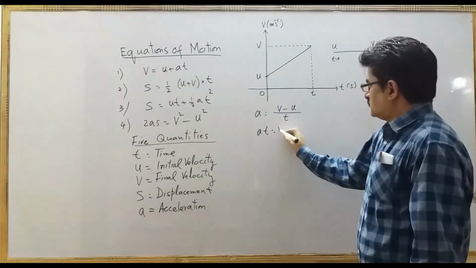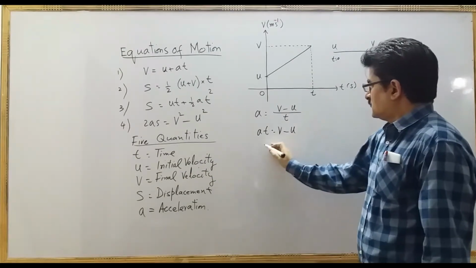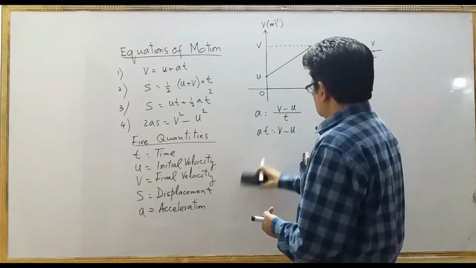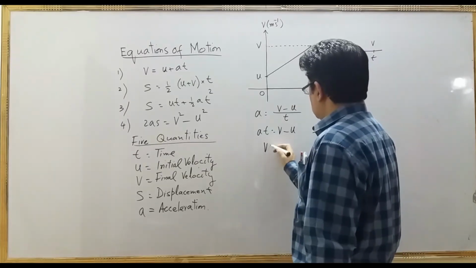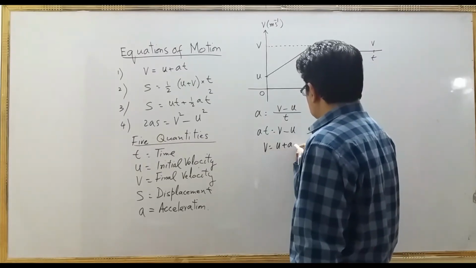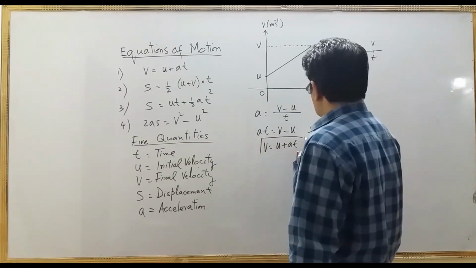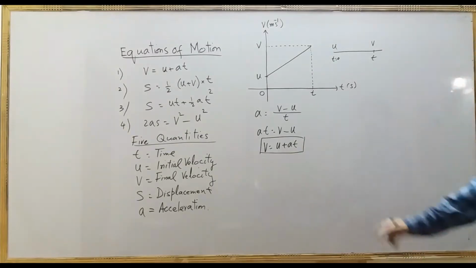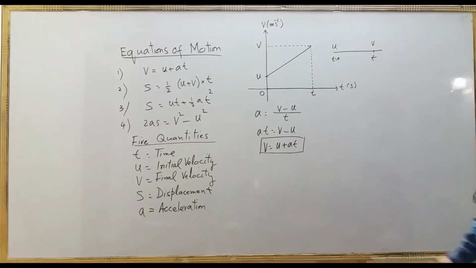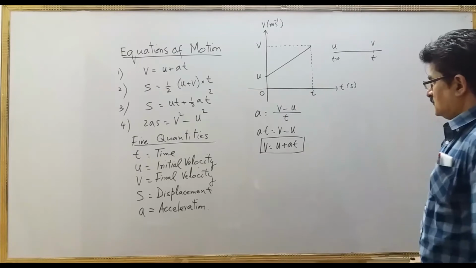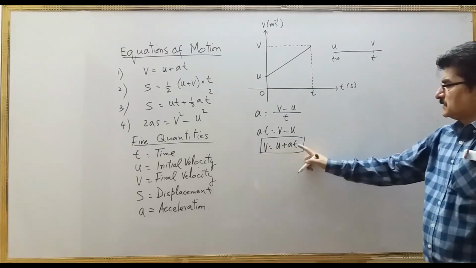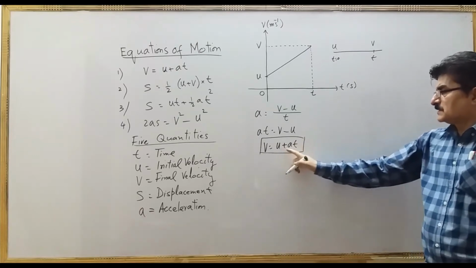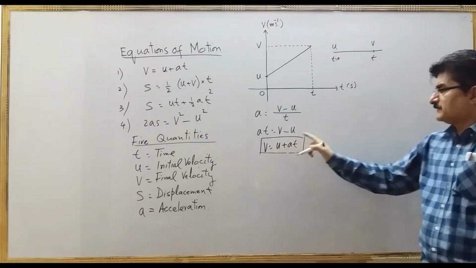From here you have v is equal to u plus at. So see how these 4 quantities are related in this equation. You can find any one of these if 3 are given, meaning you need 3 quantities to find the 4th quantity from this equation.